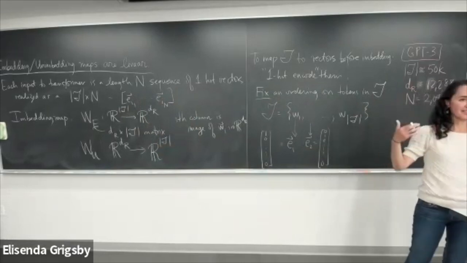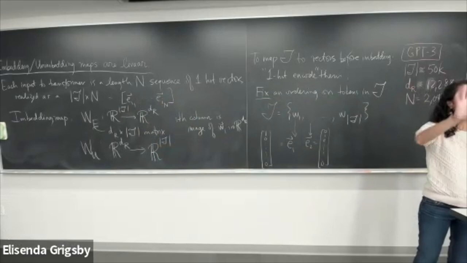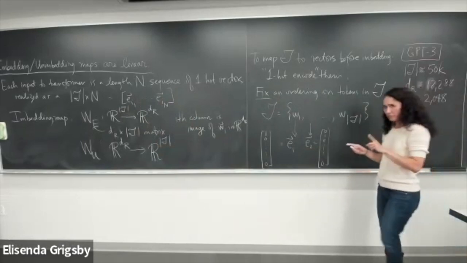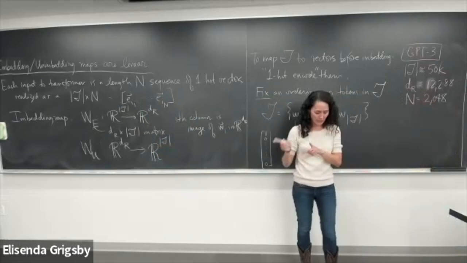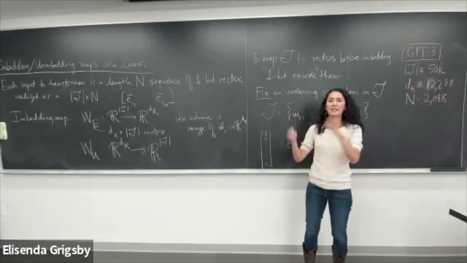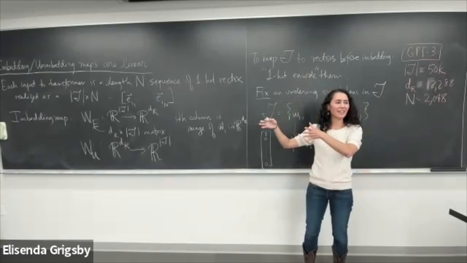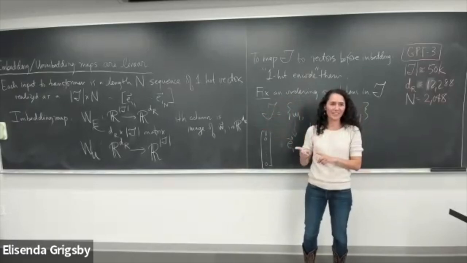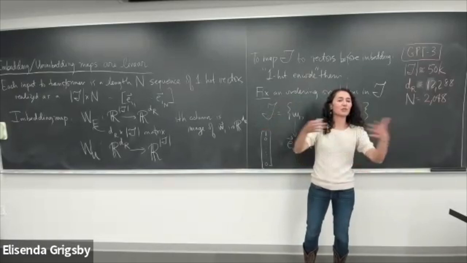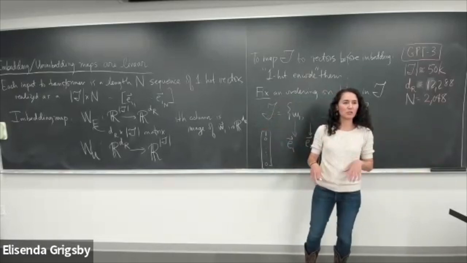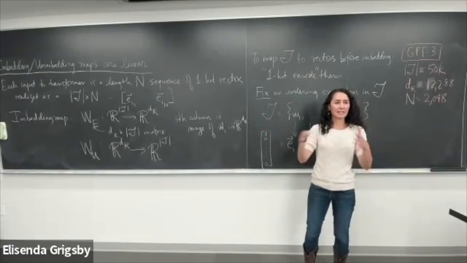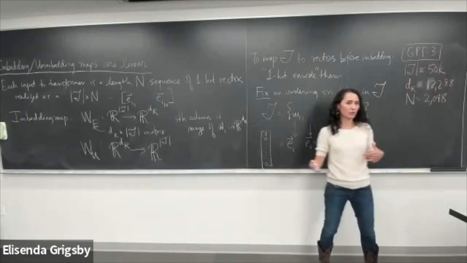You embed at the beginning, so you have the images of all of these tokens in this embedding space, but then the attention blocks and the MLPs alter those images in a way that incorporates the context. This is the story people tell about what transformers do, although they don't really understand how that works. But I think it's a helpful story.